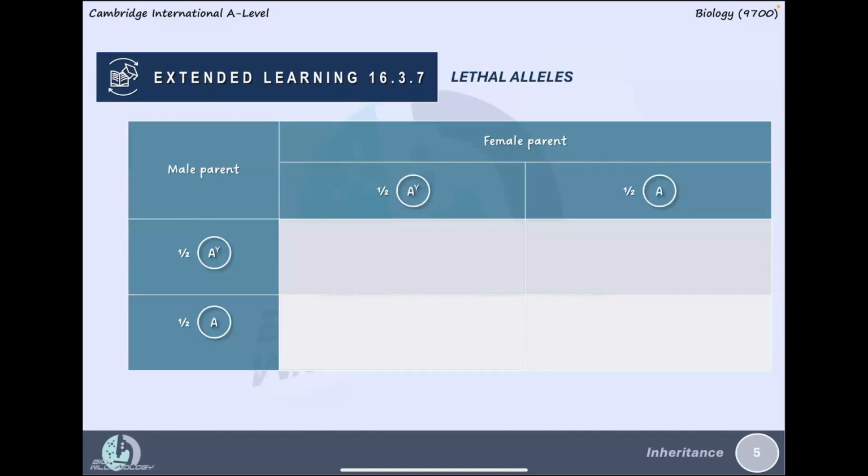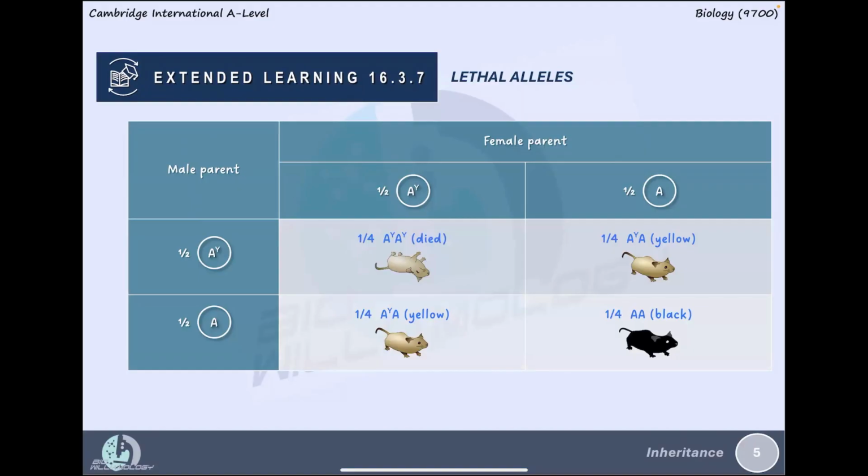When we cross these gametes together, these are the results produced. Something worth noticing is that when we have the homozygous dominant AY, all these mice are dead. Why? We are going to discuss this later. However, in the heterozygous condition, as well as the homozygous recessive, the mice survive.